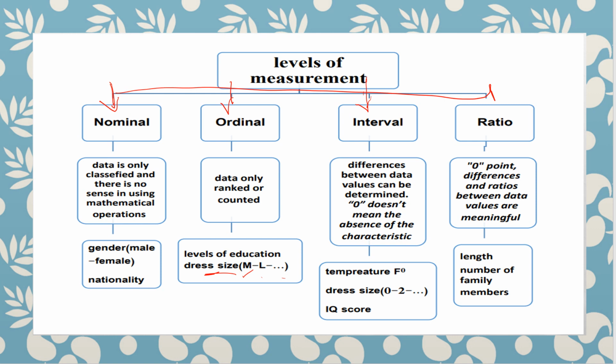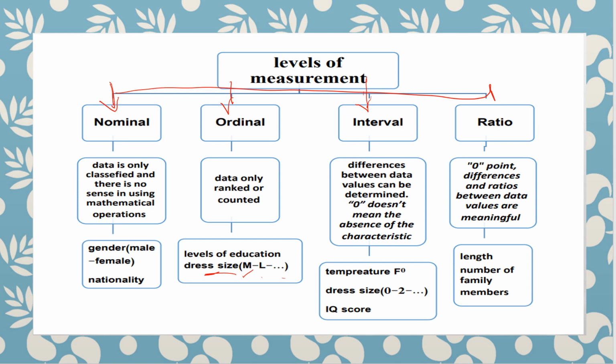Also, IQ score: 0 doesn't mean there is no IQ, it's a score that measures the IQ, and you can measure the differences between the different scores. This is the interval level of measurement.